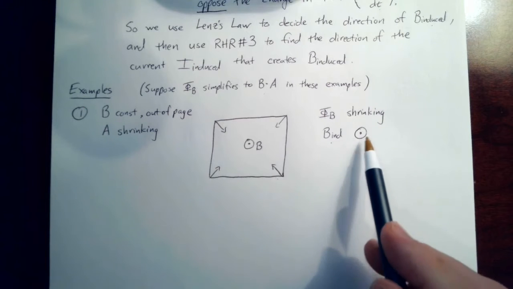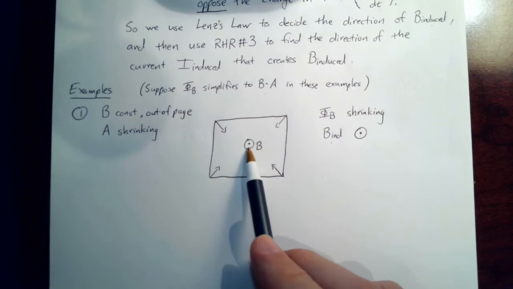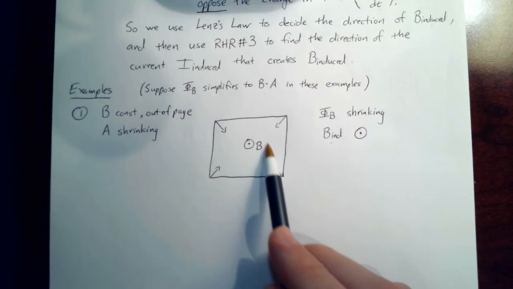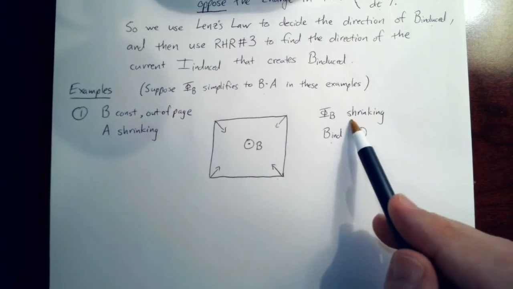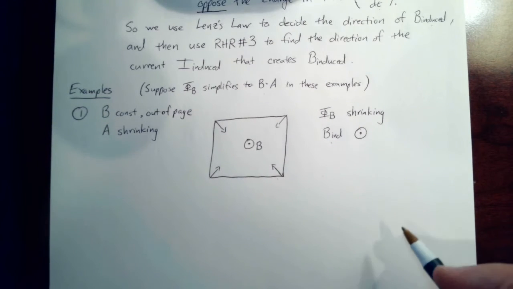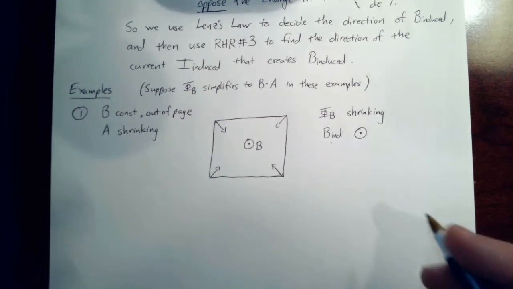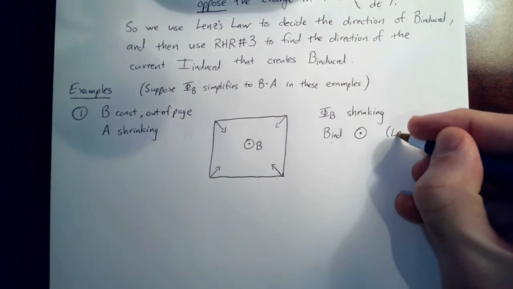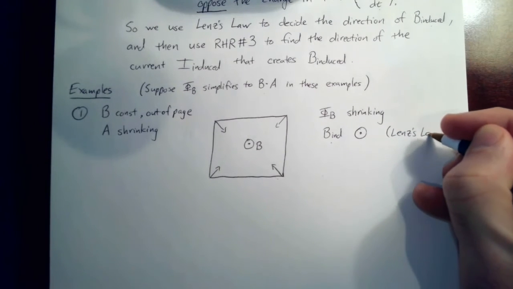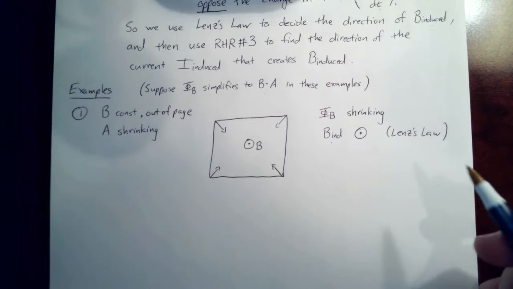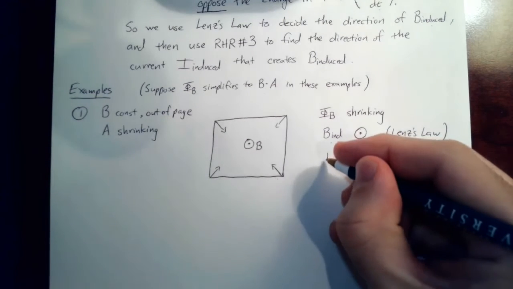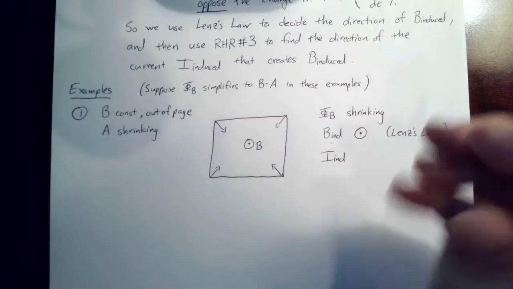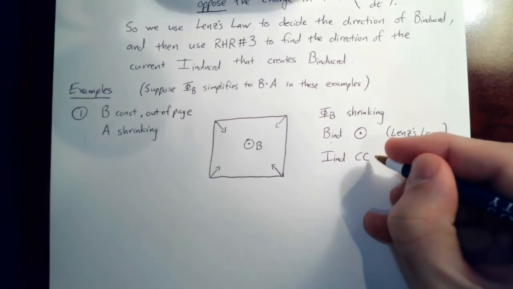That should increase the flux in an attempt to stop the flux from shrinking. We know this from Lenz's law. Then we use the right-hand rule to find the direction of the current, so the induced current in this case is going to be counterclockwise.